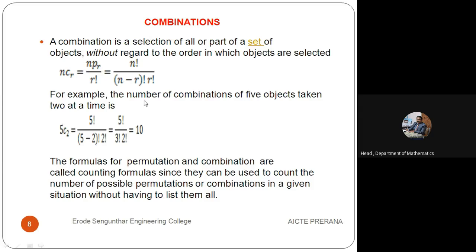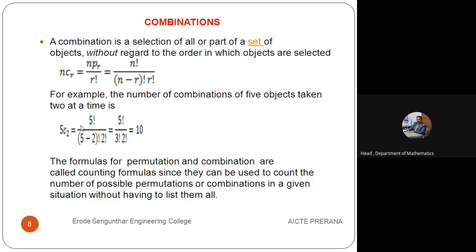Now we see one example. The number of combinations of 5 objects taken 2 at a time is 5C2. That is, here we have to select 2 objects from 5 objects. Therefore, we write 5C2. 5C2 equal to 5 factorial by 5 minus 2 factorial into 2 factorial. The answer is 10.